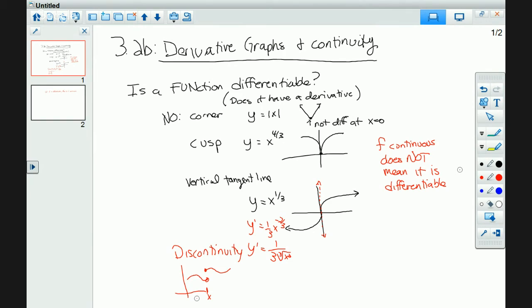We can't take the derivative if that's true. Right? I've also given you examples where it's continuous, but we can't take derivatives. So the question is the other direction. If I have a derivative, does that imply f is continuous? The answer is yes.